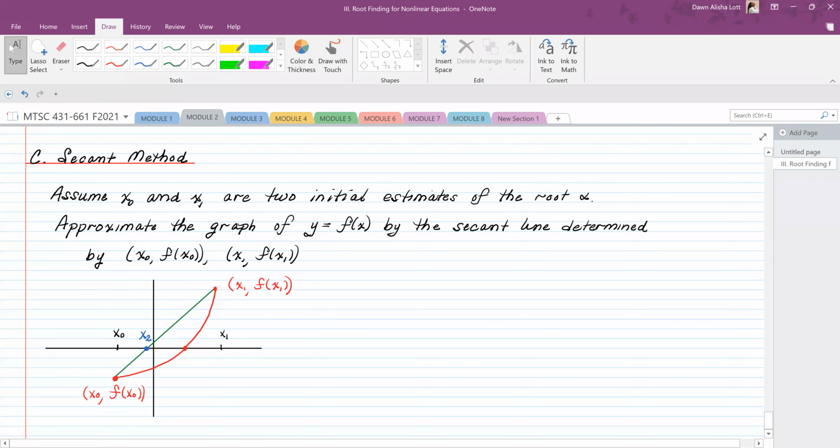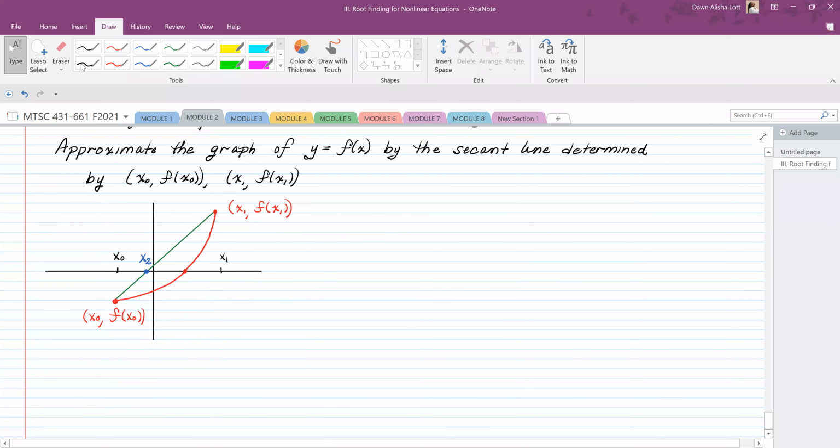Now what is the slope of the secant line? The slope of the secant line is easy to find. That's just the change in y over the change in x.